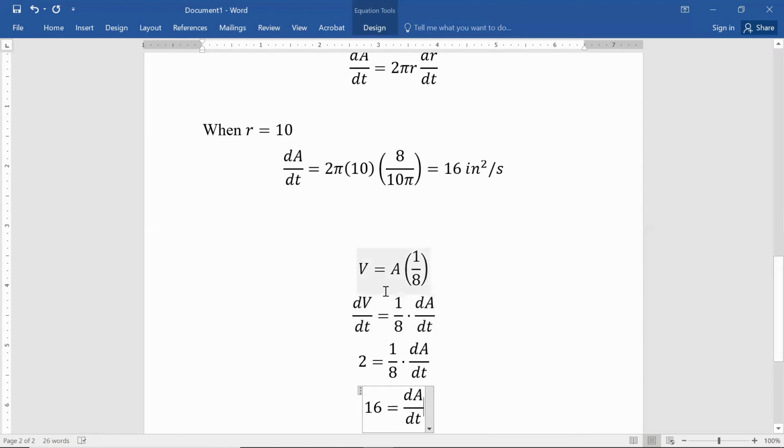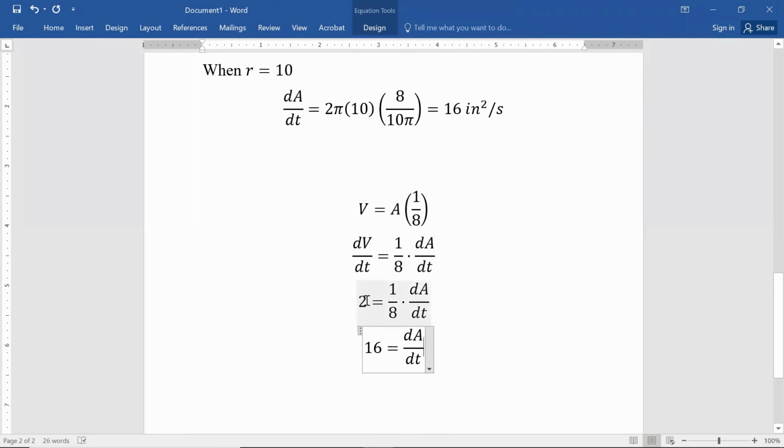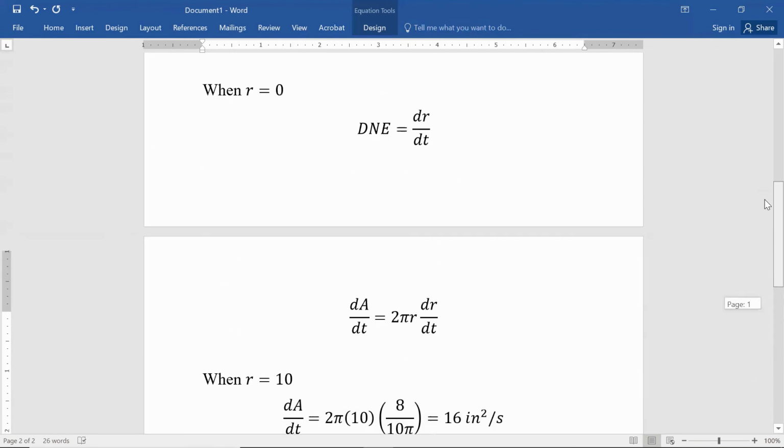So if the volume of the puddle is changing by 2, then the area of that top surface of the puddle is changing by 16. And that, once again, is square inches per second. Hopefully that makes sense. Either way is fine.